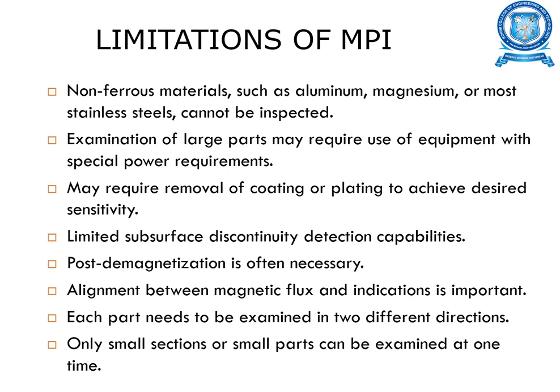There is also some limitation in the subsurface detection of discontinuities. Post demagnetization is often necessary. The alignment between magnetic flux and indication is very important, and each part has to be examined in two different directions.